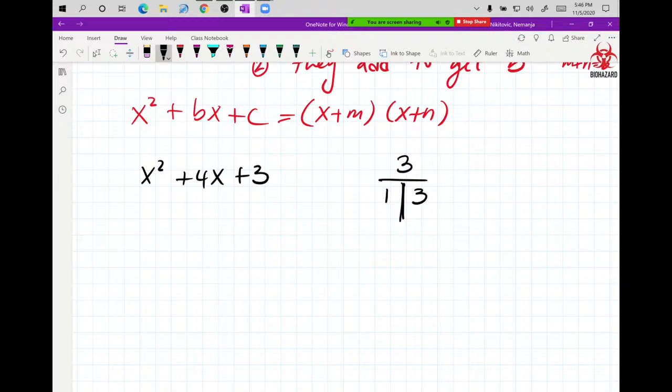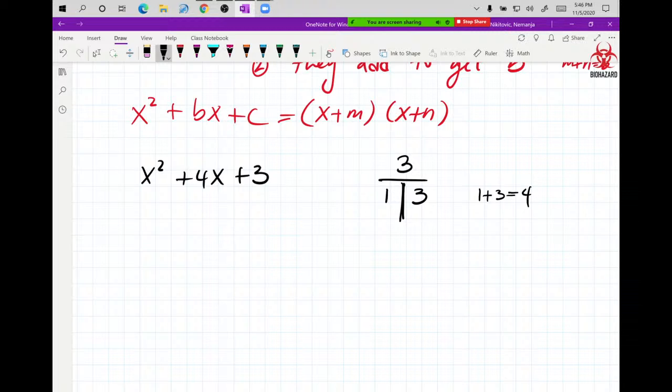Now it's just 1 and 3, so not much to do there. But you will have 3, 4, or 5 of these rows. So once I wrote factors of 3, which is 1 times 3 is 3, then I see what they add into, and they add into 4.